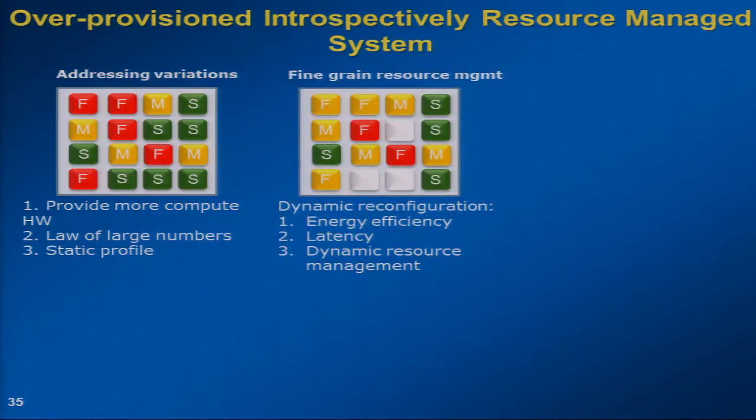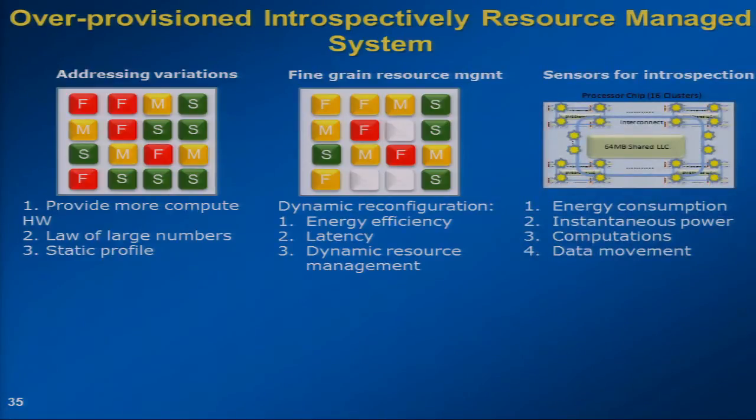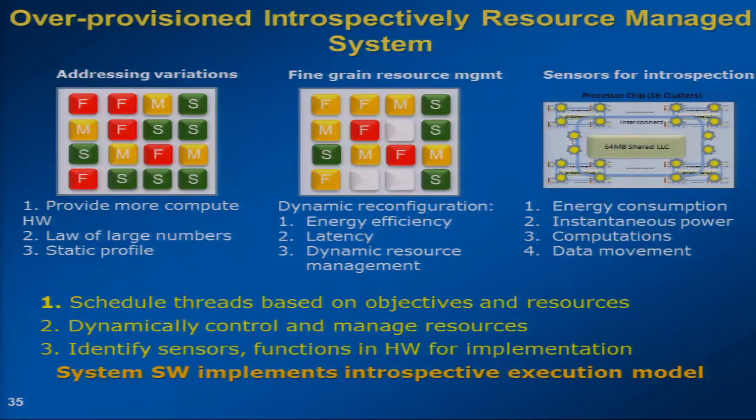You can do the fine-grained resource management, and also in the hardware we can have sensors so that the system software can do the introspection by looking at where am I today. It's also called sometimes self-awareness. Clearly, we need to schedule threads based on the objective and the resources, dynamic, sensors, and the system software to implement this introspective execution model.